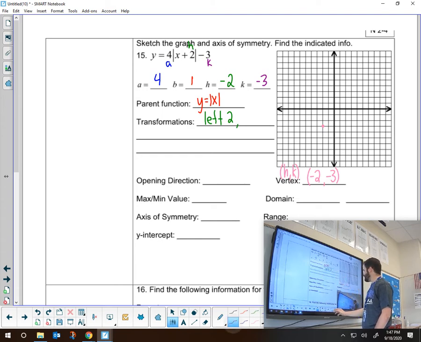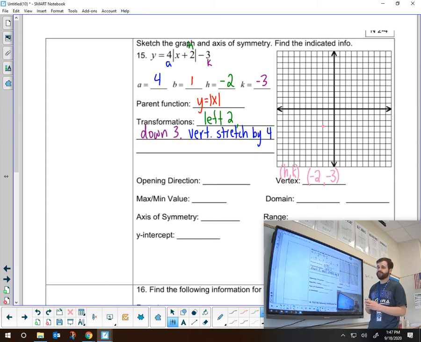My K tells me that we're going to go down 3. And my A tells me that we are going to have a vertical stretch by 4.